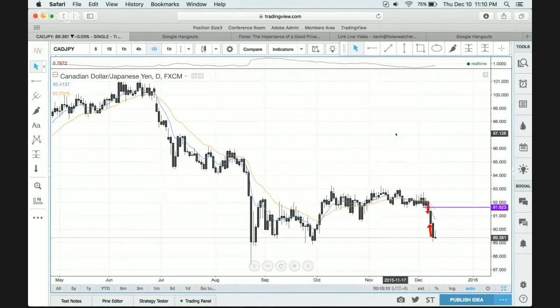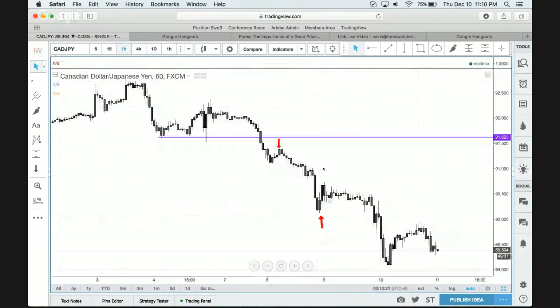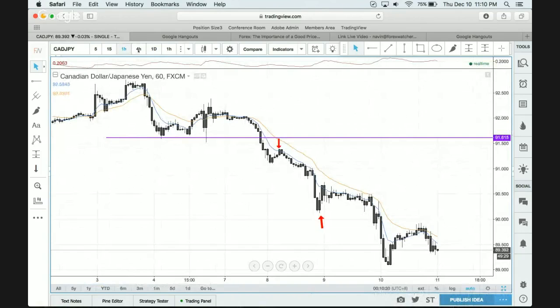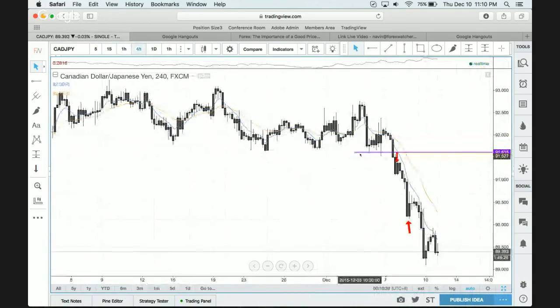Okay. So now you see that there is nothing there on the daily chart. However, the area we drew earlier that kept bouncing, and we were like, huh, that seems to be an interesting area. Notice how me as a 60-minute trader, I see it. Someone above as a 4-hour trader, he sees it.